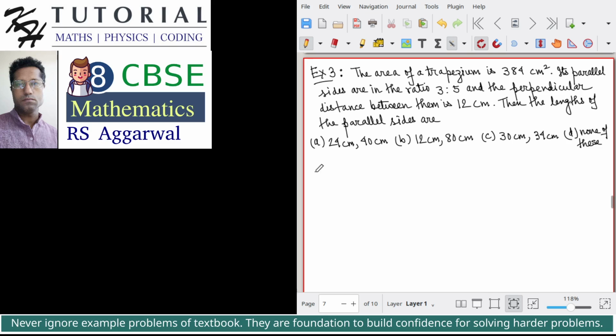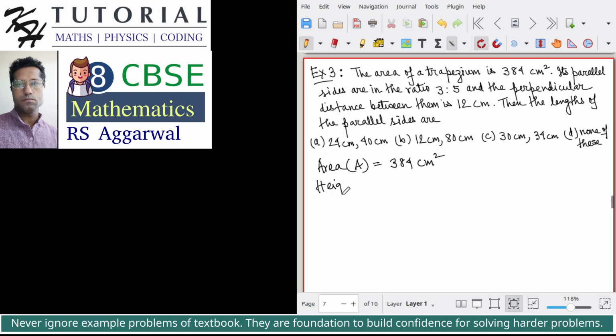So what is given? Area is given to be 384 centimeter square. The perpendicular distance between them is 12 centimeter. That is, height is also given.